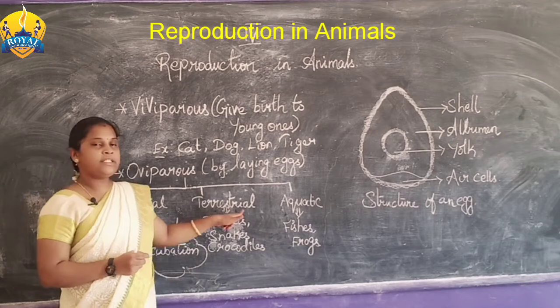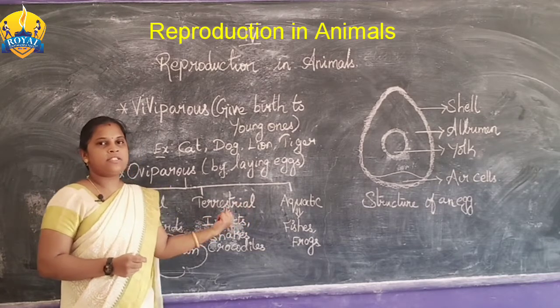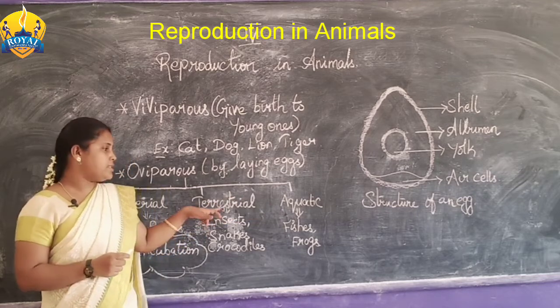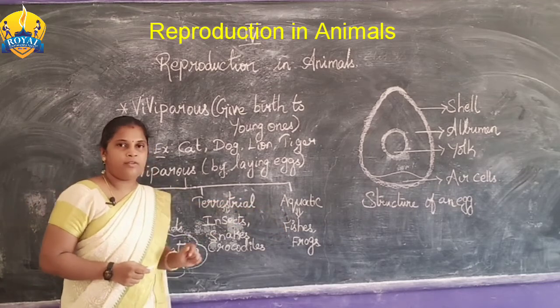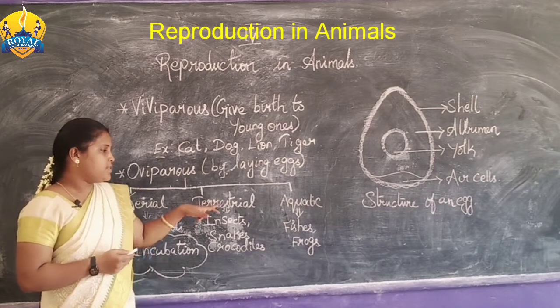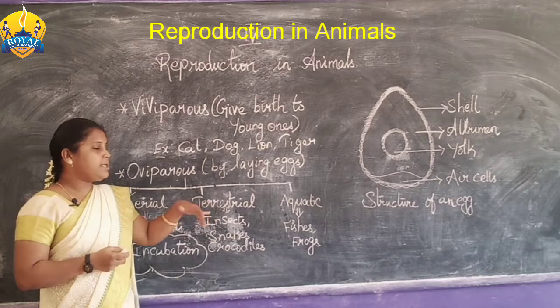Next one is terrestrial animals. In the last session we studied terrestrial and aquatic in plants. Terrestrial means land. Yes, very good. So terrestrial animals are land animals.